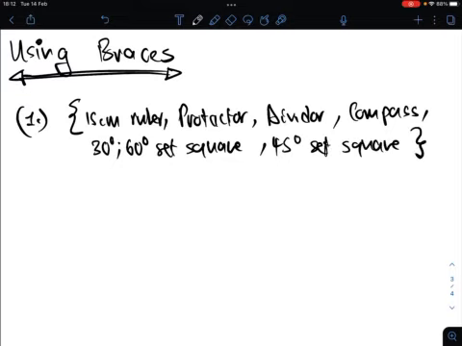So this is one way of representing sets: you open a brace, list all the members that make up the set, and then close the brace. This is one nice way.